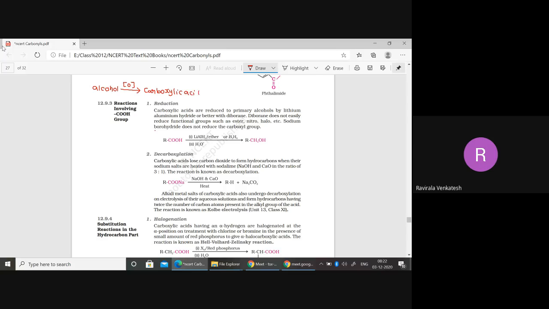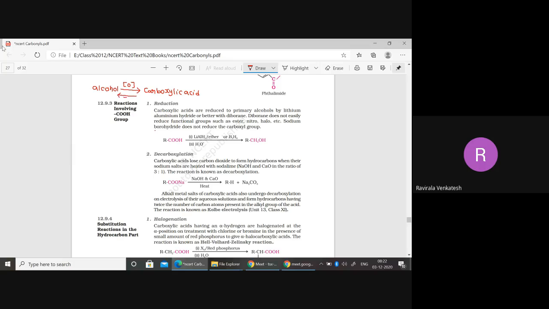But if you do complete oxidation, we get carboxylic acid.